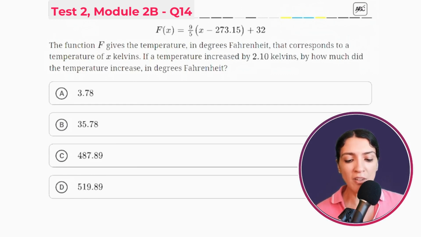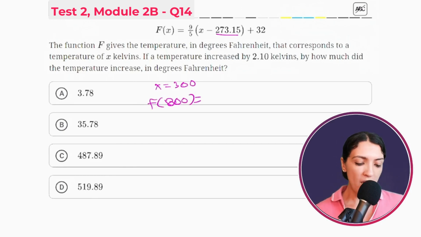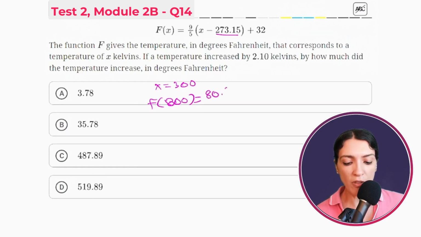I would pick a number that's greater than 273.15. Let's say 300. If x is 300, we would compute what the corresponding y would be for that value. And if you use your calculator, that would be 80.33. Now we're told that x is increased by 2.1, so our x would be 302.1 now.